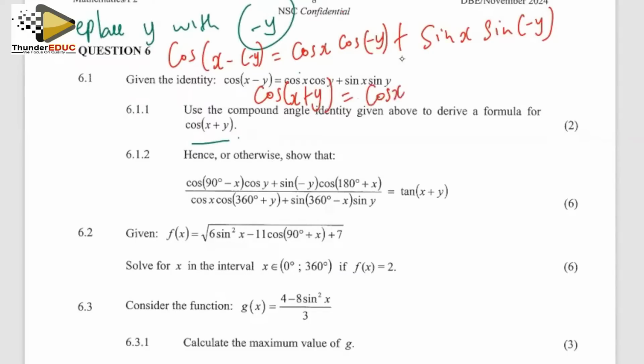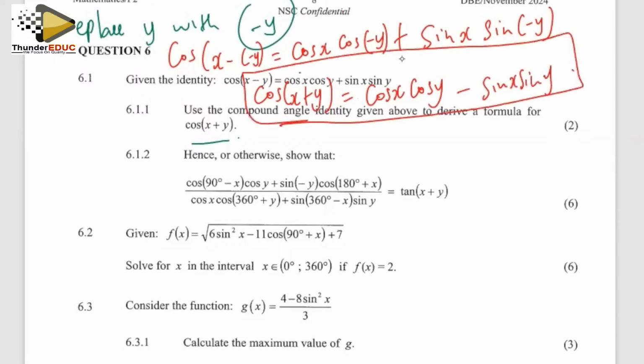We know that the cos of a negative angle is the same as the cos of a positive angle, so that is cos y. Then the sine of a negative angle, we have to take the negative out. So that's going to be negative sine x and then sine y. So I have proved, or I have derived just from that.